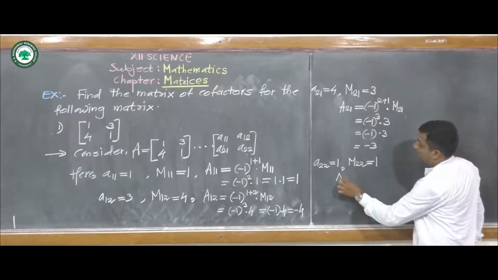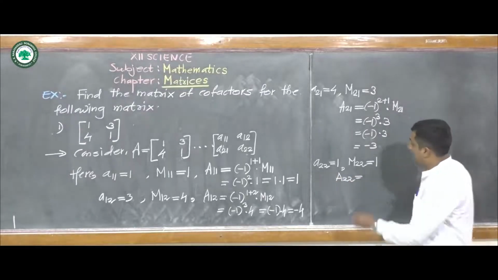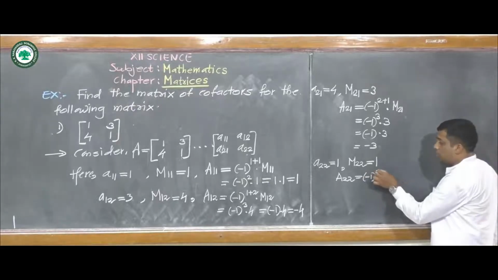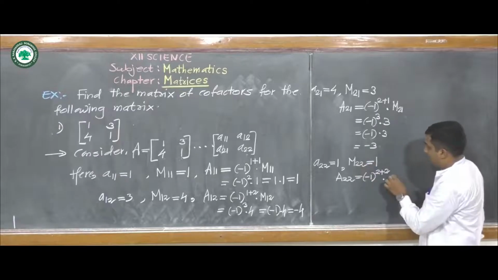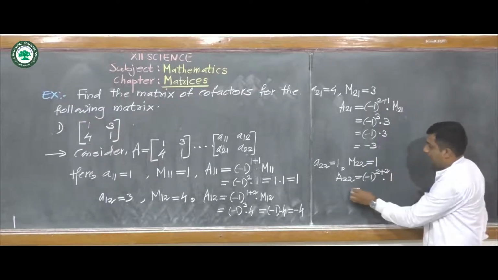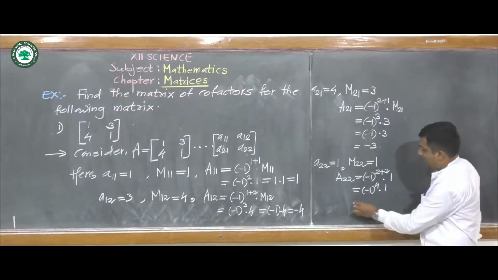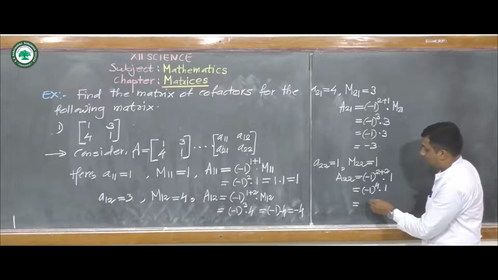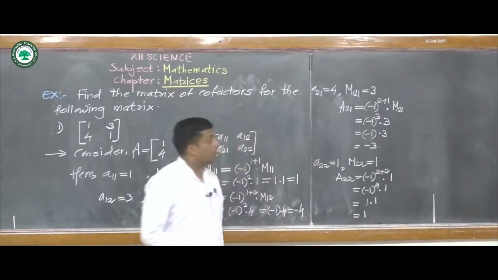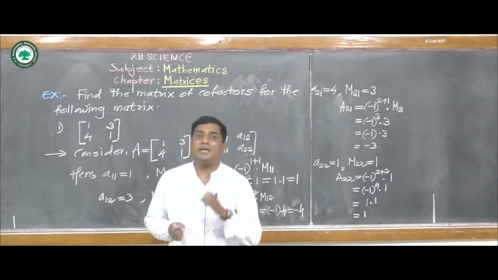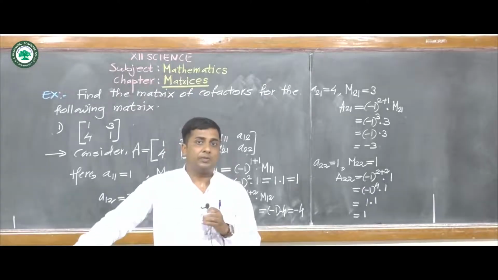Let's find A22, the cofactor of A22, which is minus 1 raised to 2 plus 2 into the minor 1. This is equal to minus 1 raised to 4 into 1, which is 1. So we find the cofactor of each element.